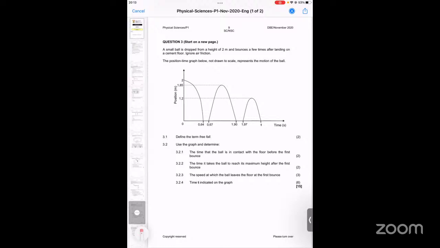So with regards to time t, I'm just trying to figure out if I can explain without straight away giving you the answer.